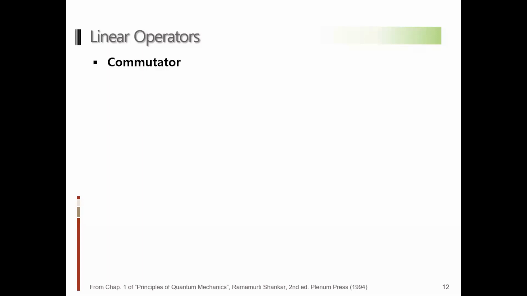Another interesting property of the linear operator, or rather a definition, is the commutator. The commutator is generally defined in this way. You might wonder what the difference between these two is. As I mentioned on the previous page, whenever we have a product of two operators, it will operate on some vector.